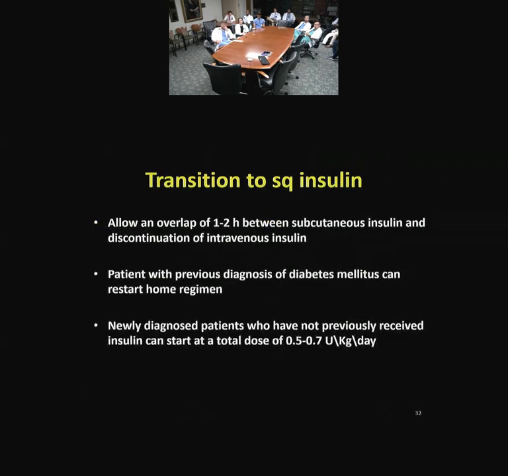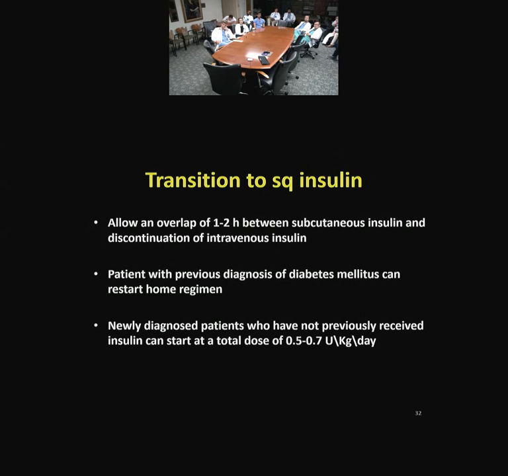So allow the overlap between the subcutaneous insulin and the discontinuation of intravenous insulin. Patients that have a previous diagnosis can be restarted on their home regimen, unless they don't eat much or unless there are some other causes.